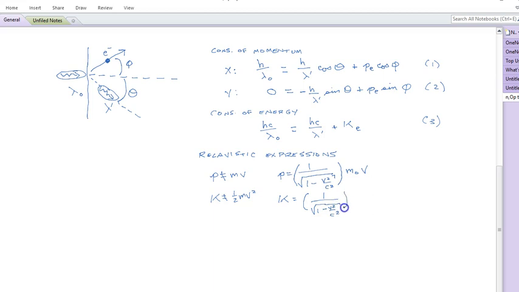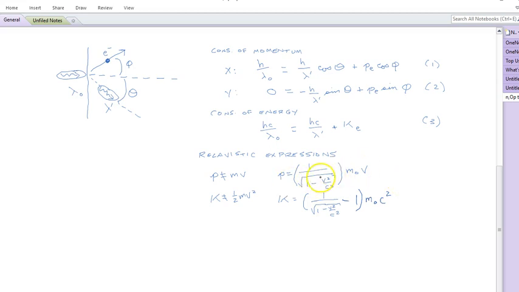Oops, sorry, I forgot to subtract. This is minus 1. Close parentheses. Then we have m naught and c squared. Okay? I know that looks really strange.